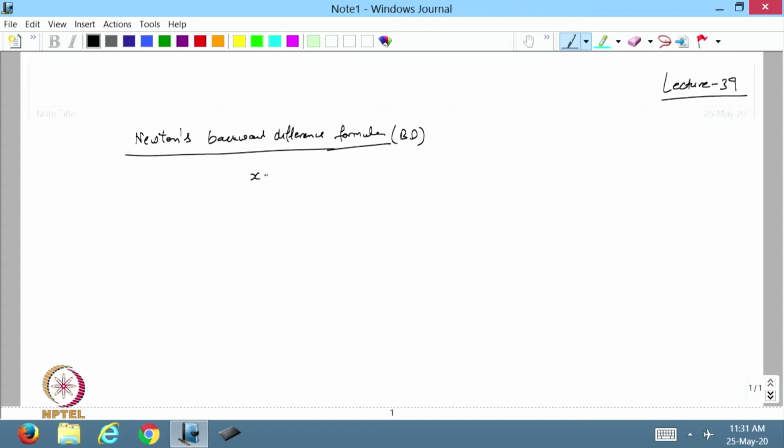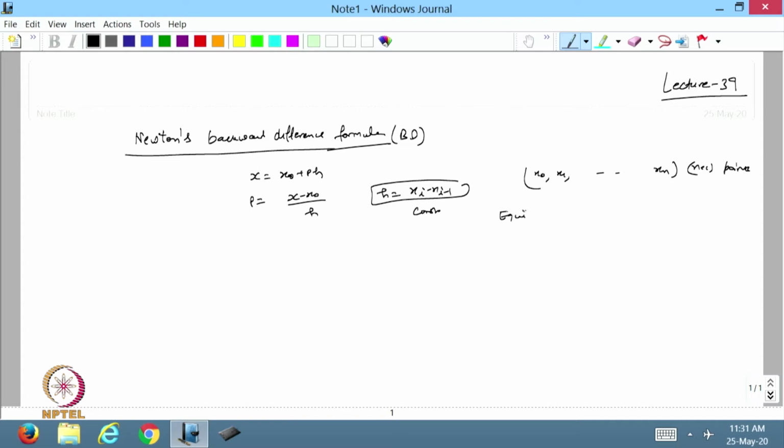I have my x, that is x0 plus ph. I have the points x0, x1 up to xn, so these n plus 1 points are given to me, and I want to choose any x lying somewhere in between. I choose x equal to x0 plus ph, where p can be written as (x minus x0) by h, and h is x_i minus x_{i-1}, which is constant, so all are equispaced.